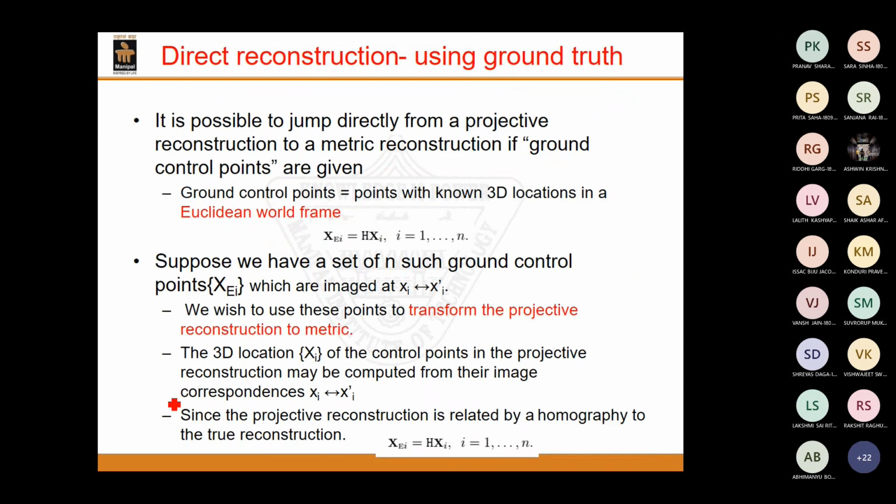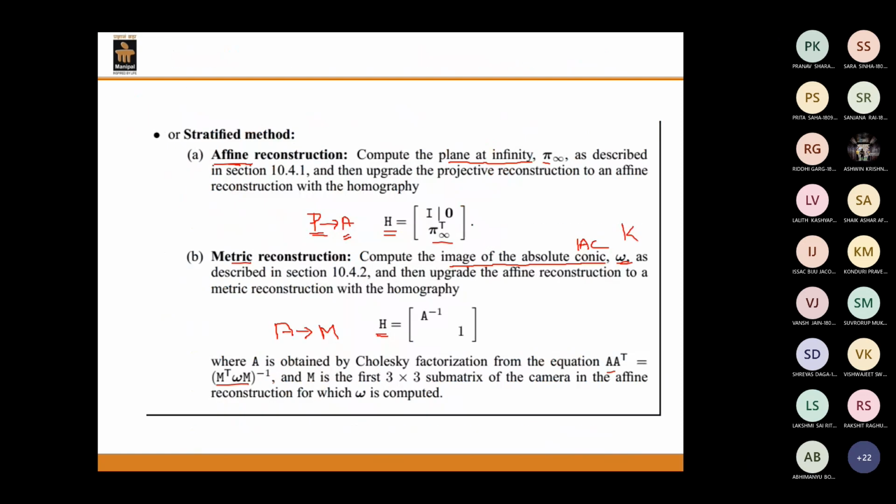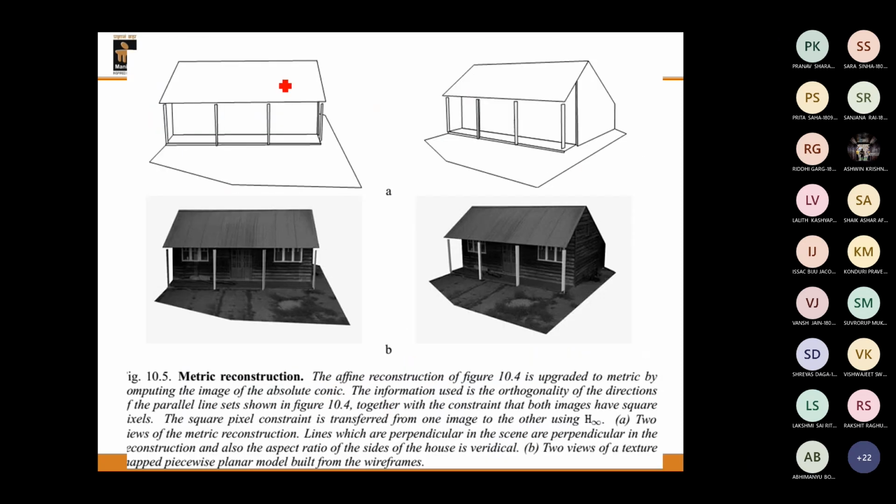Another approach that you can use is something called ground control points. Ground control points are points in the actual 3D scene whose actual 3D coordinates or locations are known to us. For example, let's say we take this particular scene that we have.